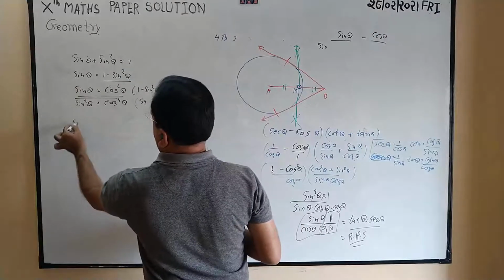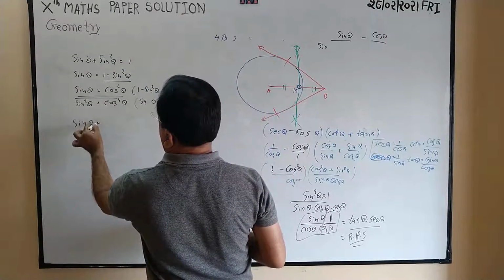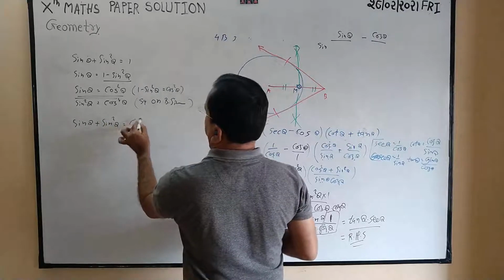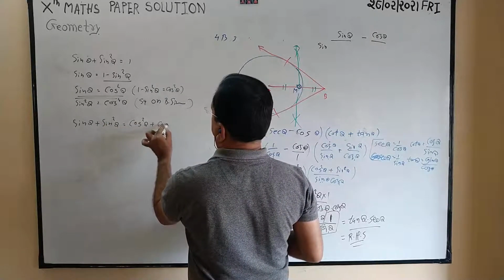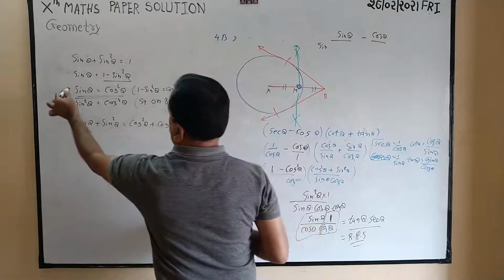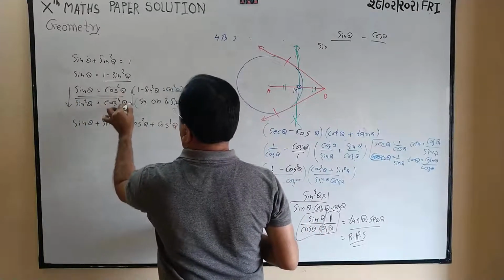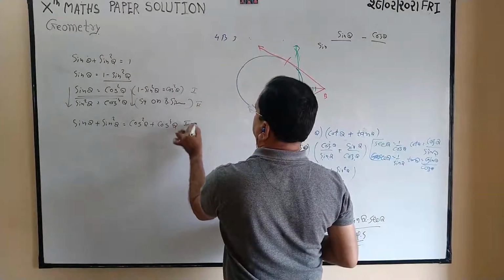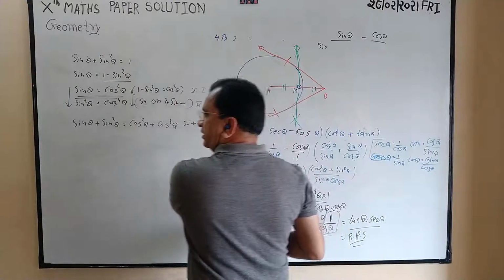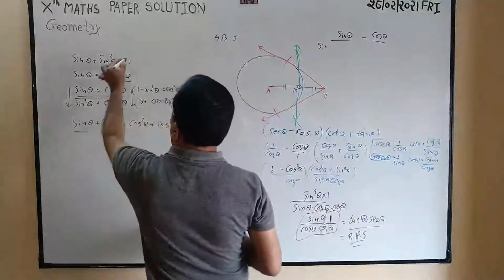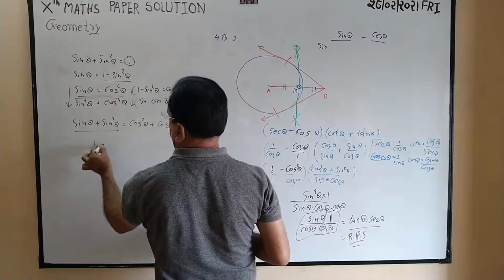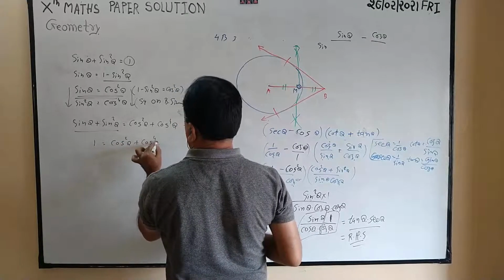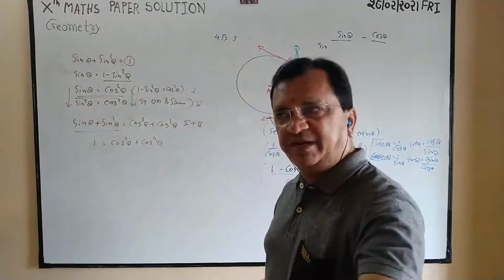Now add sin theta plus sin square theta, and cos square theta plus cos raised to 4 theta. Left hand side total, right hand side total. This is first, this is second, so first plus second. And this value is already given as 1, so 1 is equal to cos square theta plus cos raised to 4 theta.